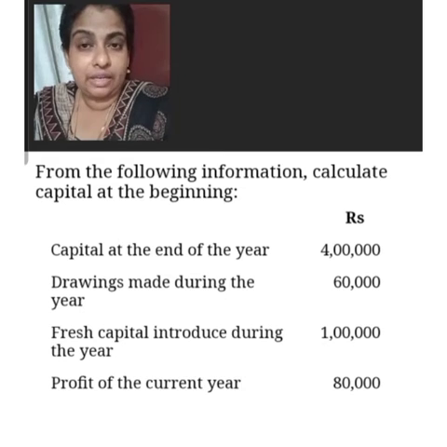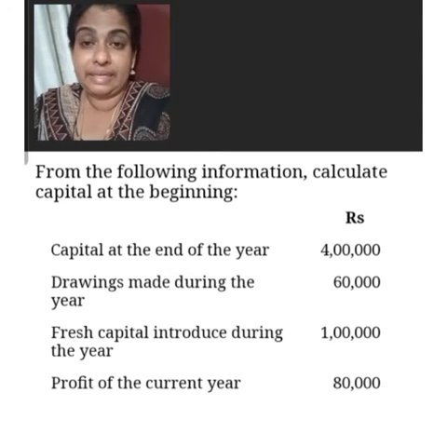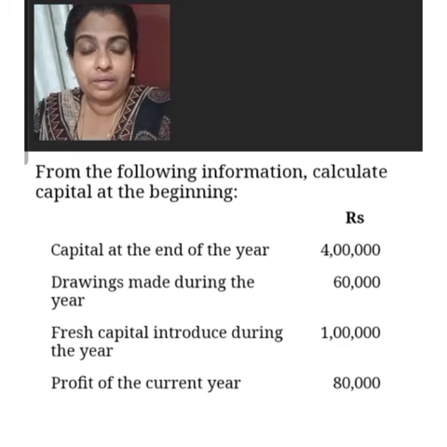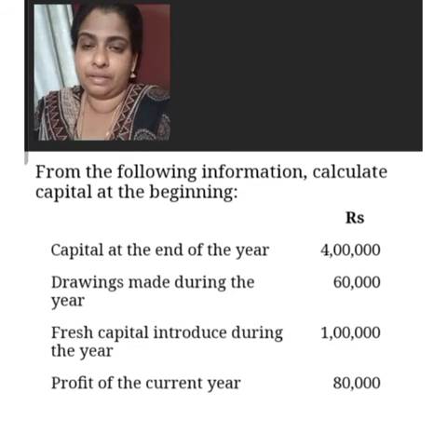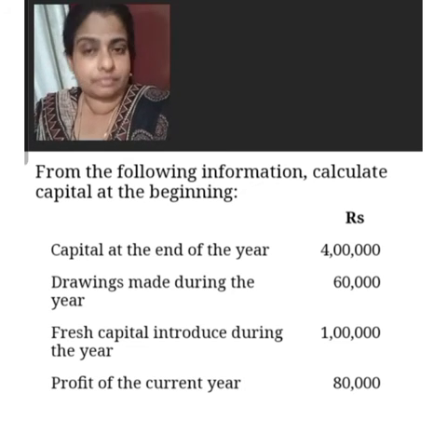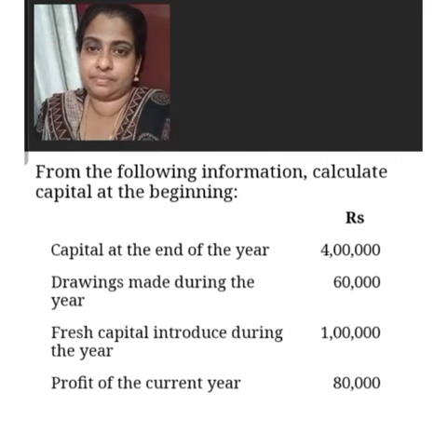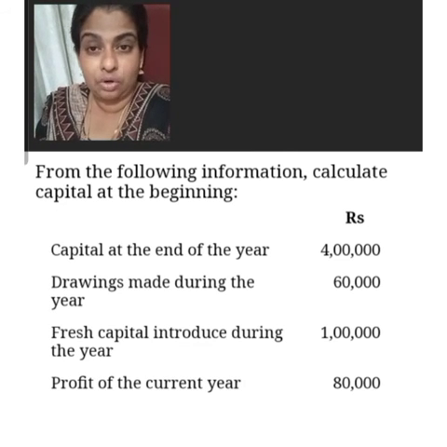Then if there is any opening capital and additional capital given in the problem, deduct that amount from the net amount. If there is any interest on capital given in the problem, deduct that interest on capital. The net balance will be a net profit or net loss. With the help of this statement, we can find out the amount of opening capital.